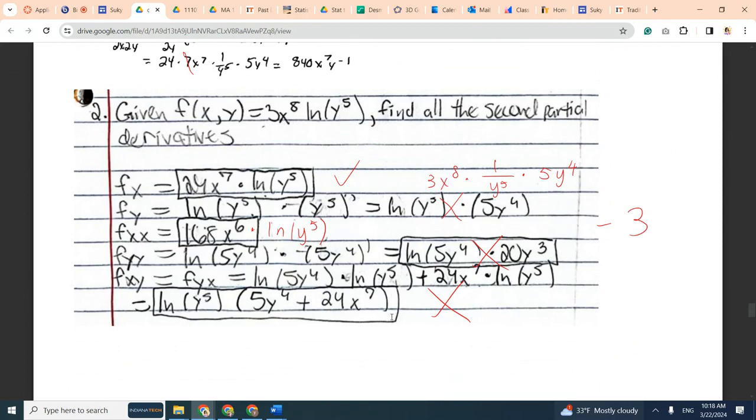Oh, don't forget 3 times x to the 8. And the derivative of ln u is 1 over u times u prime. Okay, the derivative of ln u is not ln u. So be careful. And fxx, the ln y to the 5th remains here.